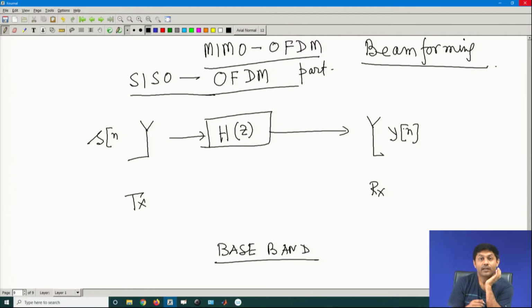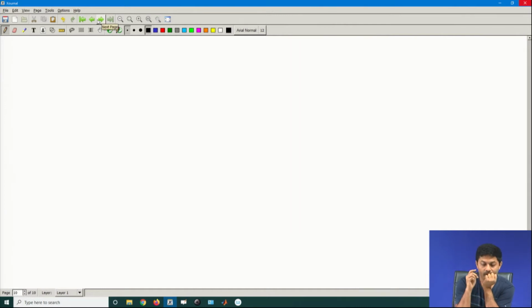So, what is the data model that we want to create here? Let us assume that first. Let us say this H(z) is an FIR filter.